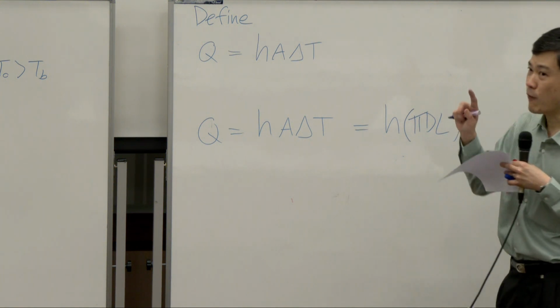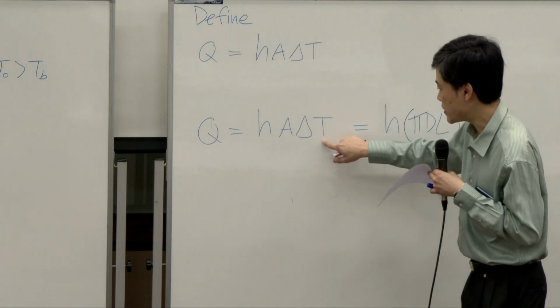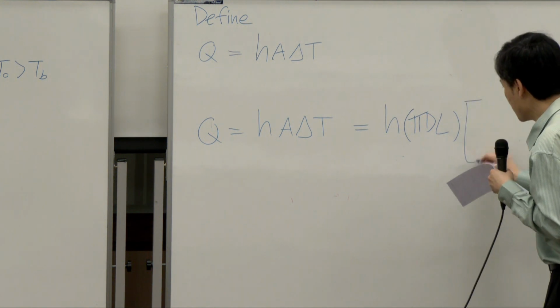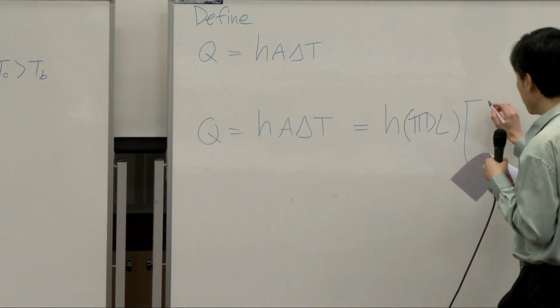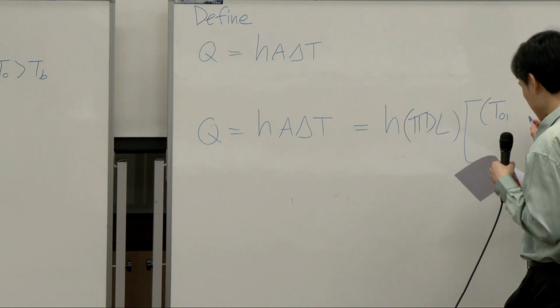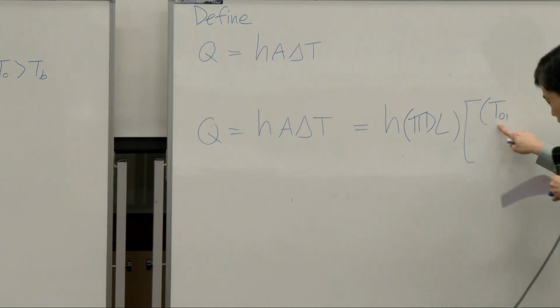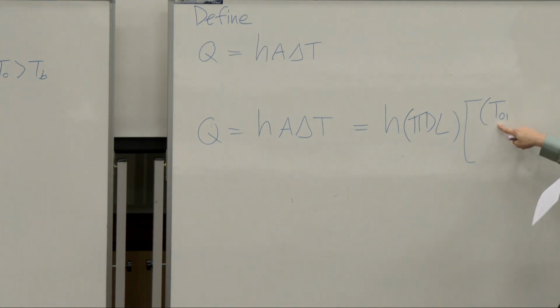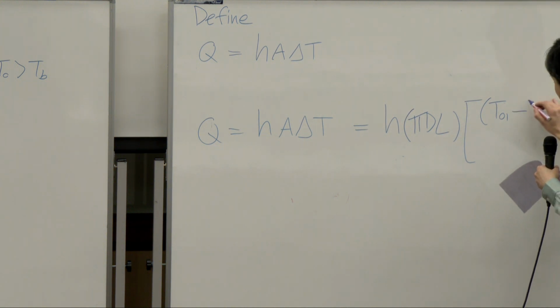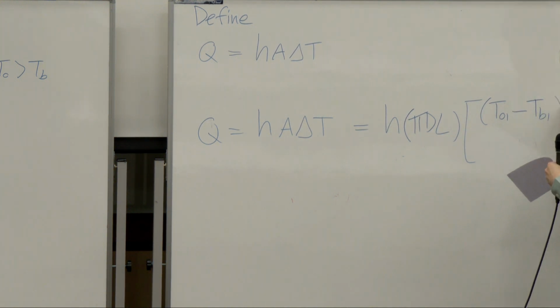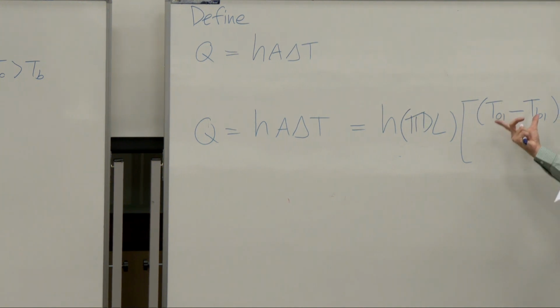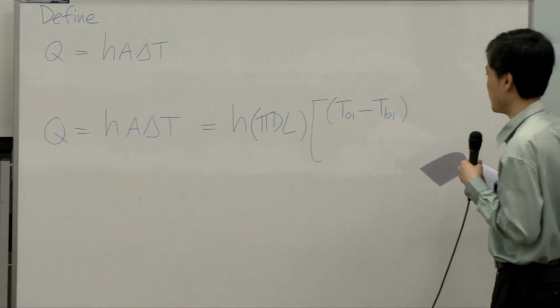And the easiest way to understand is that this delta T can be obtained by using T01, which is the wall temperature at the inlet, subtracted by the bulk temperature at the inlet. So this is the driving force at the inlet, right?